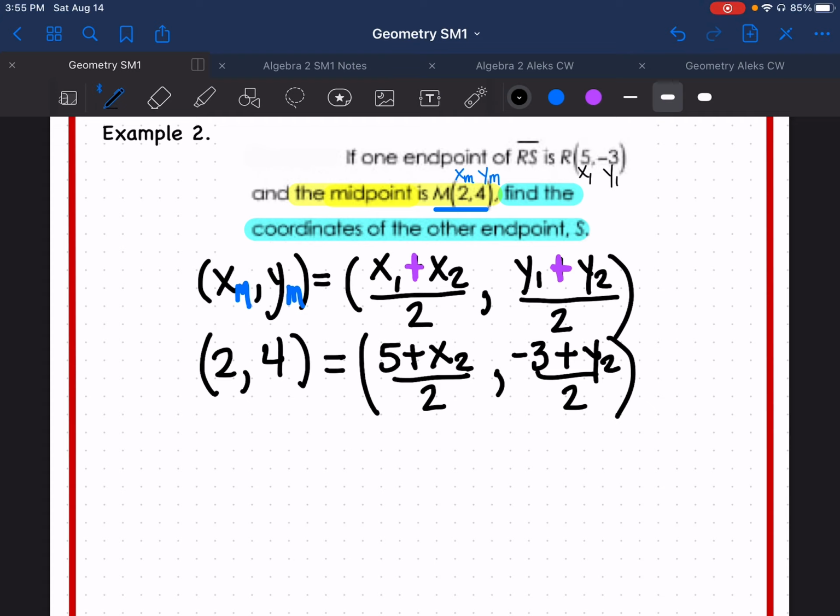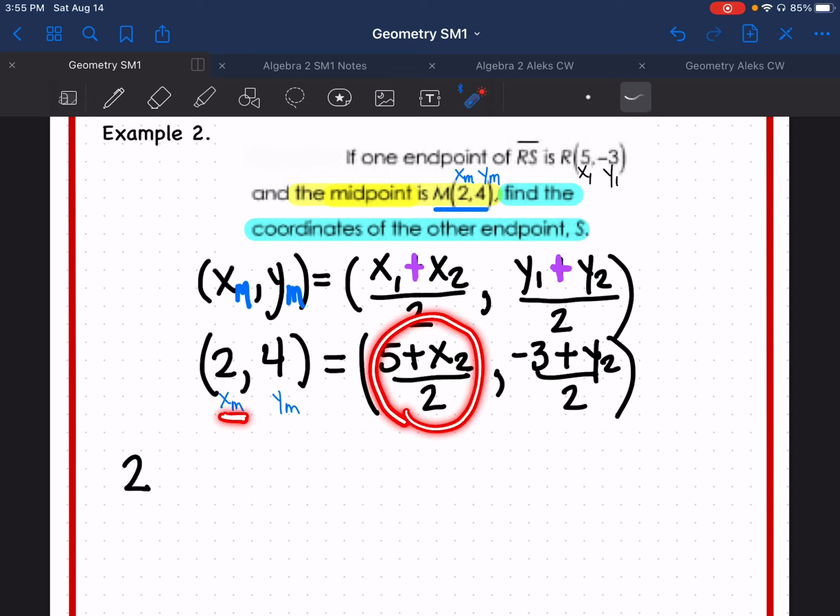So what we're going to do is put these into two separate problems. The comma is going to dictate who goes with who. But just a very quick reminder, this is your XM, and this is your YM. So what's going to go with the 2 from right here?